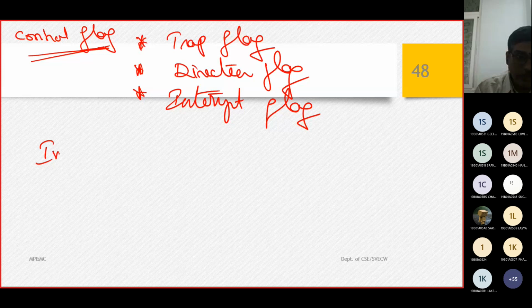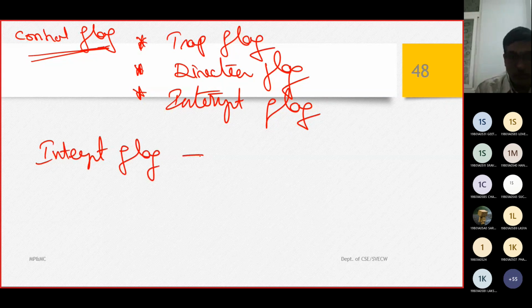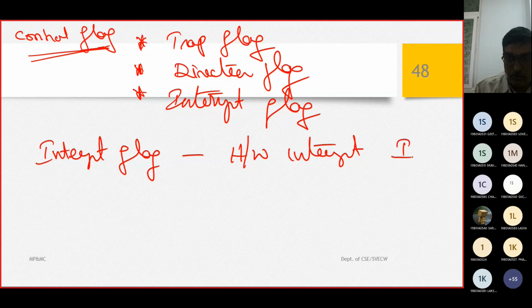So the interrupt flag is going to deal with hardware interrupt. Interrupt flag is equal to high.